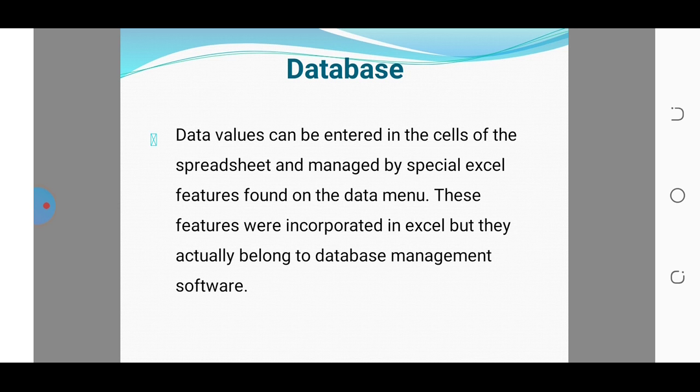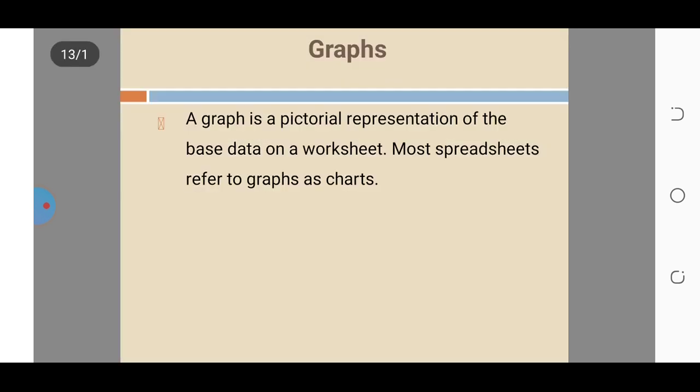So you see that there is a relationship here between spreadsheet and database, DBMS. There are features that are in DBMS and were incorporated into the spreadsheet, and these are the ones we are looking at.